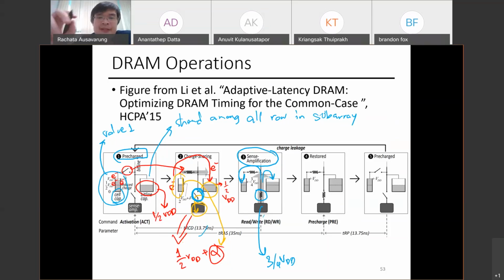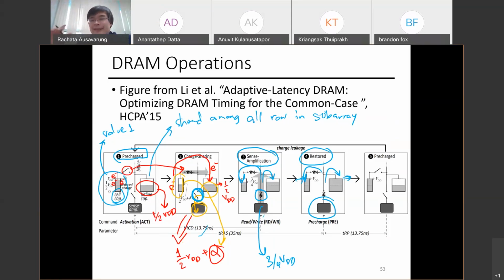Then the next step, now you've finished reading the value. What I want to do next is to pre-charge, to close the row. To pre-charge, this thing would keep putting electrons here, right? So that you finish the pre-charge process. Look at this. Everything here is at VDD.